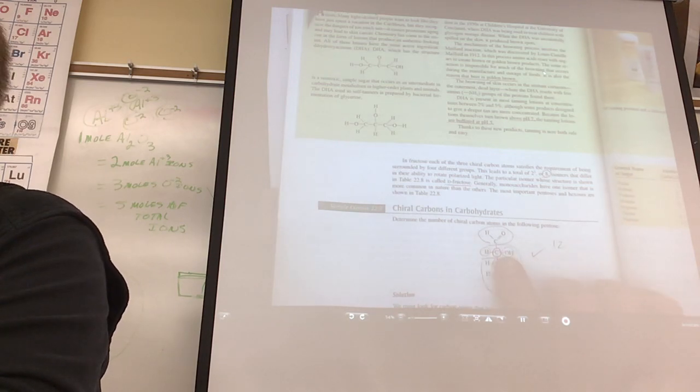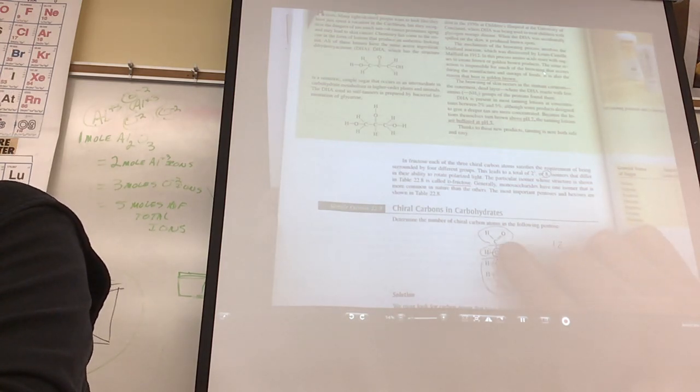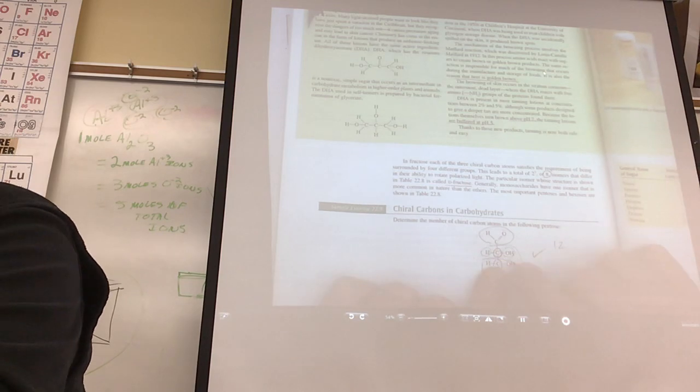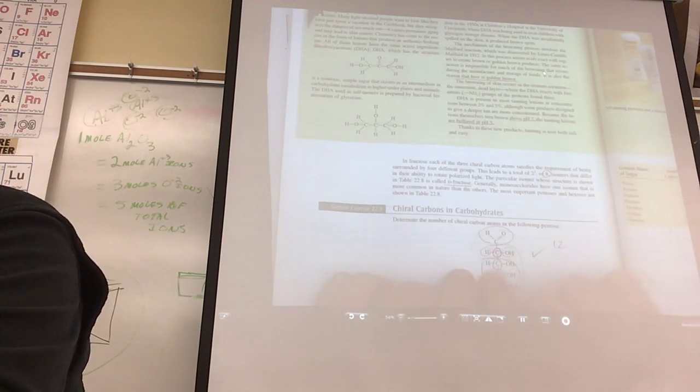Let's go to the next carbon. This carbon is attached to a COOH, OH. Are all 4 of those things different? Yes. So that's a chiral carbon. What about the next one? This carbon is attached to this big chunk, this OH, this H, and this chunk down here.